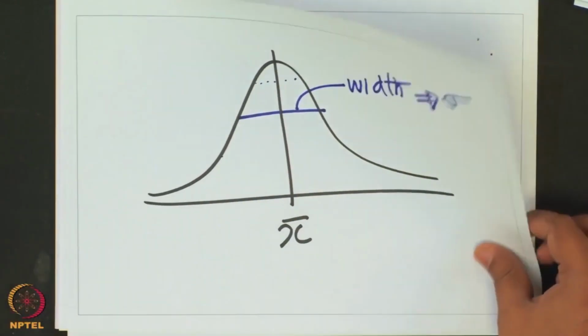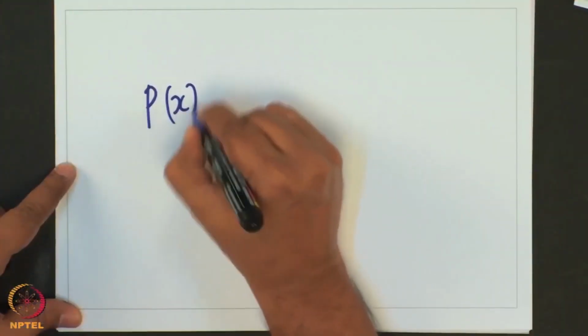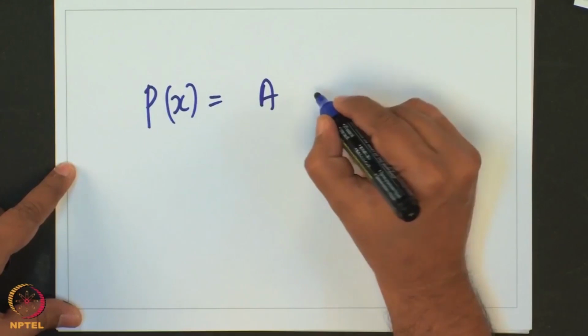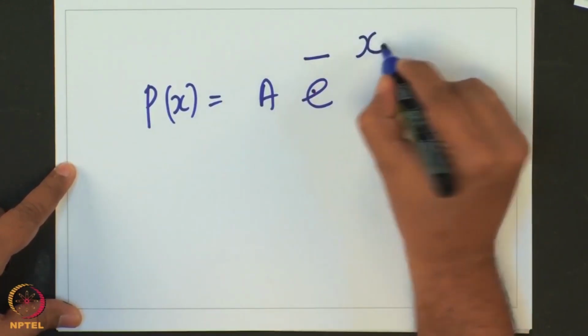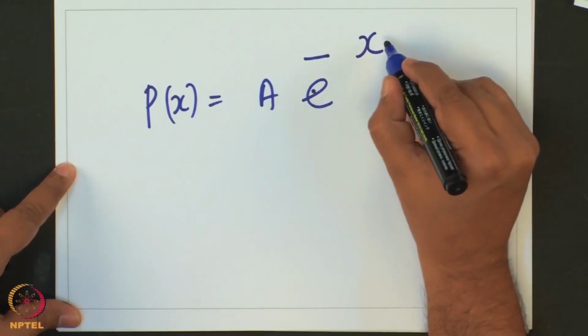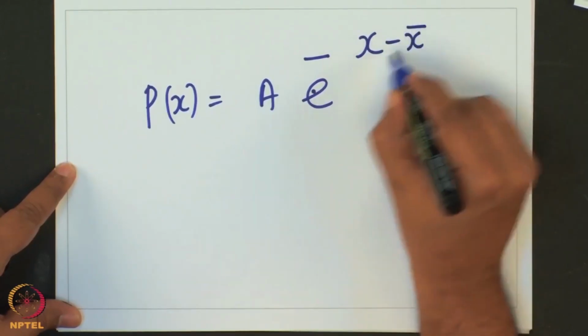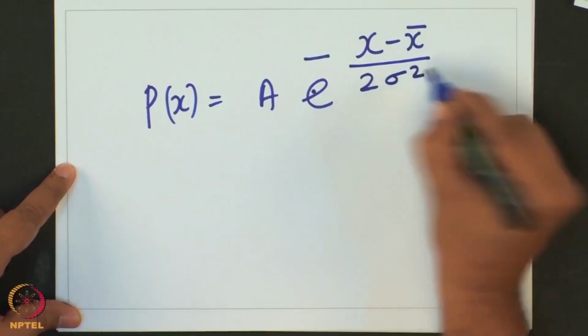So the functional form that we have, I would write the functional form, which is P of x is a e power minus (x minus x bar)^2 by 2 sigma square.